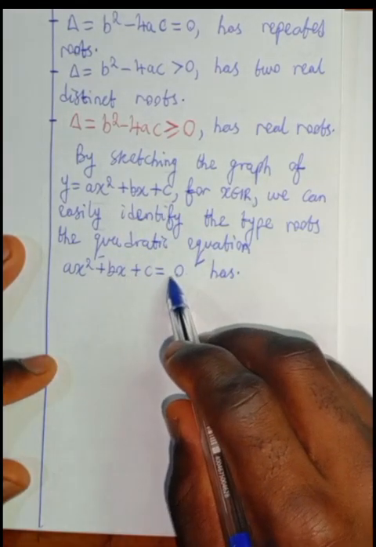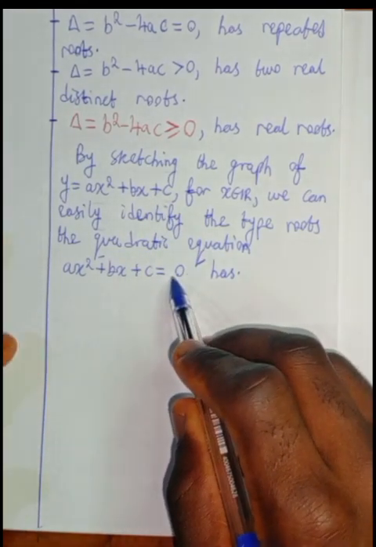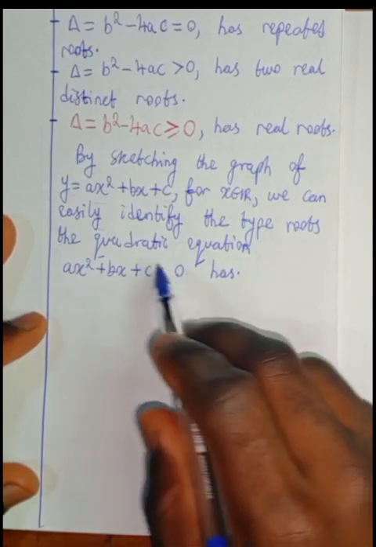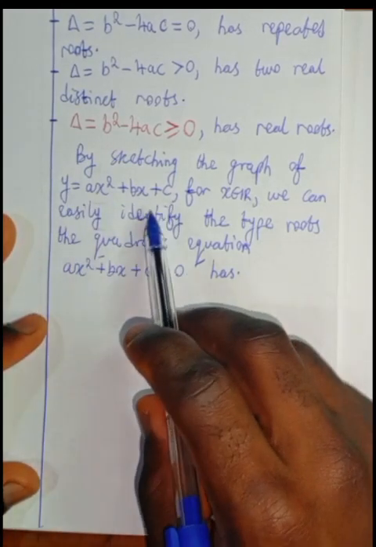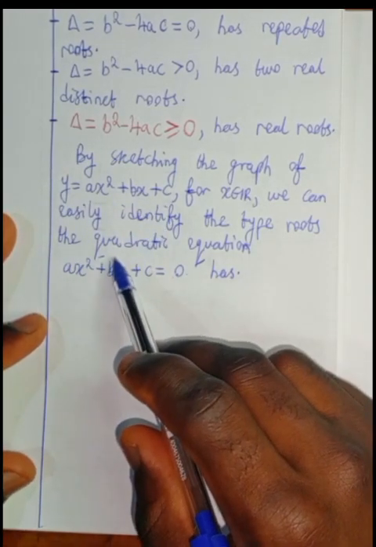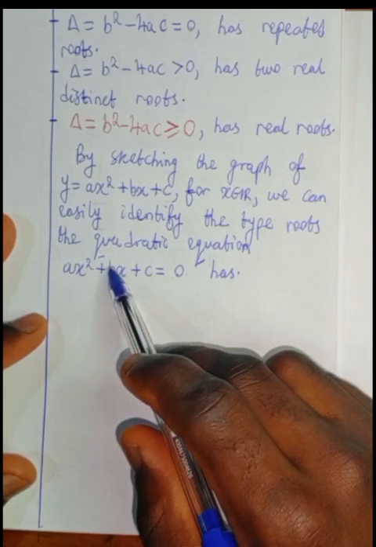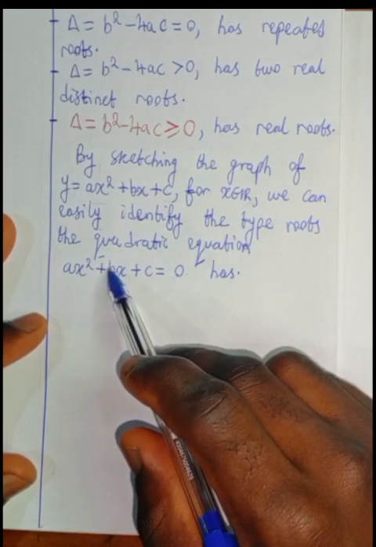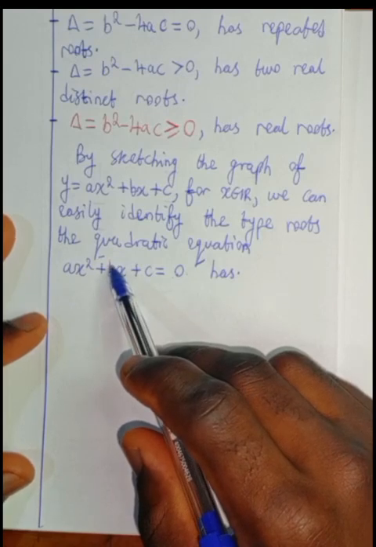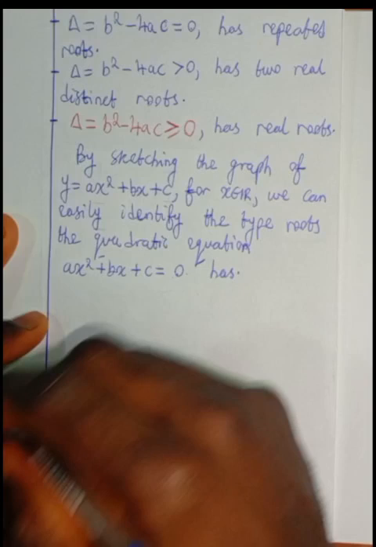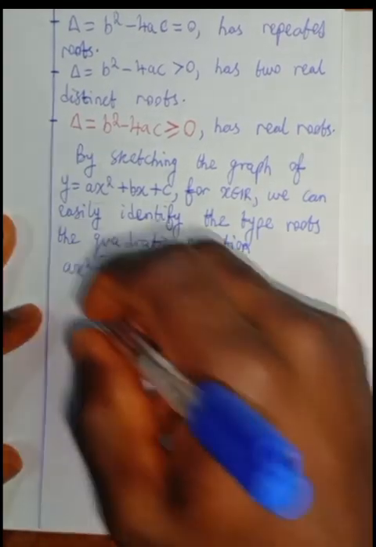So by sketching the graph of this function, it is very possible for us to know the type of roots this quadratic equation has. Now it depends on whether the curve of this function cuts the x-axis at two distinct points, or it touches the x-axis at one point, or the curve does not touch the x-axis at all. Now let's look at the various cases.